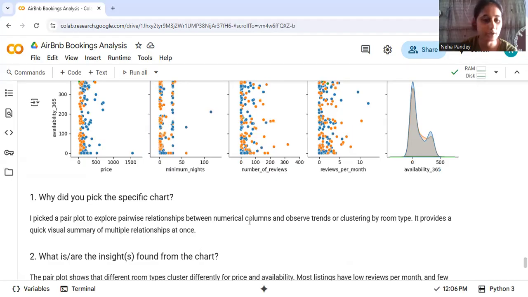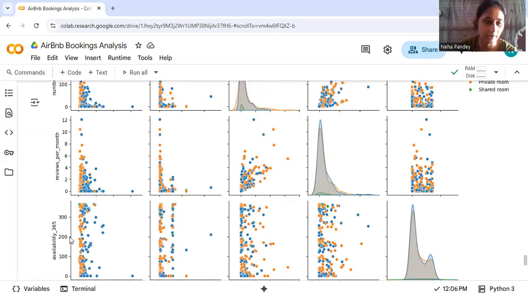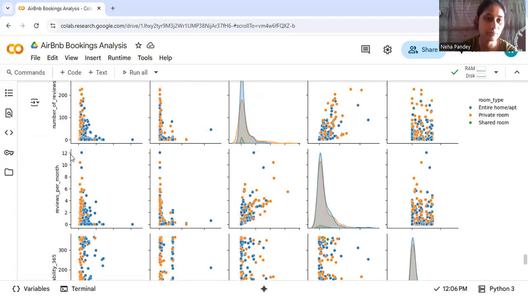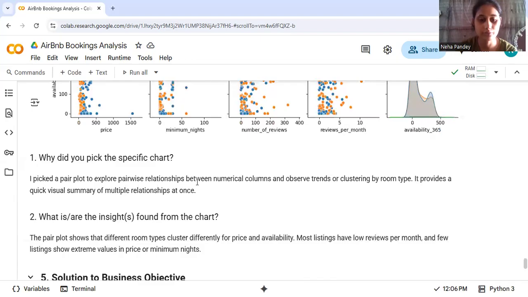It provides a quick visual summary of multiple relationships at once: price, availability, reviews per month, number of reviews. This pair plot shows the different room types cluster differently for price and availability. Most listings have low prices, and few listings show extreme values in price or minimum nights.